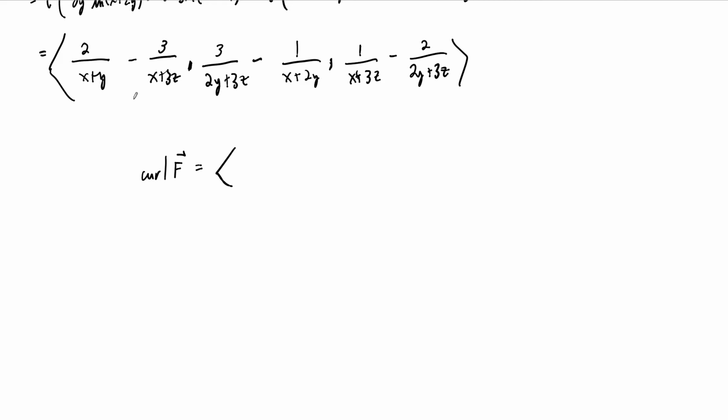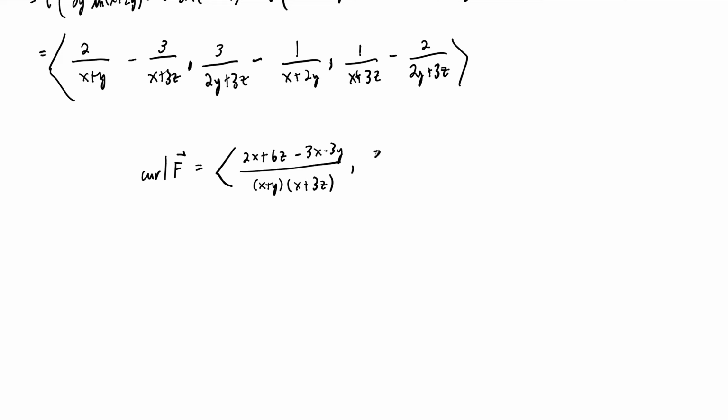When we add this one up, we get 2x plus 6z minus 3x minus 3y all over the product. I'm not going to multiply these out, but x plus y times x plus 3z. So there's the component function in the x component slot of the curl vector field.